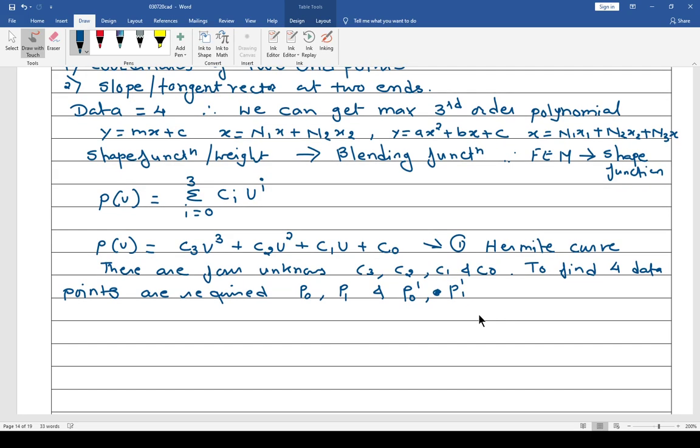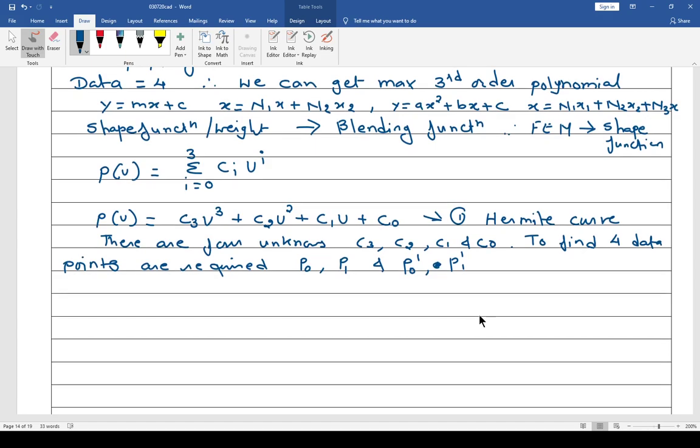So these are the 4 data available, and with the help of this I can find out the equation of the Hermite curve. Just let me know whether you understood this or not.